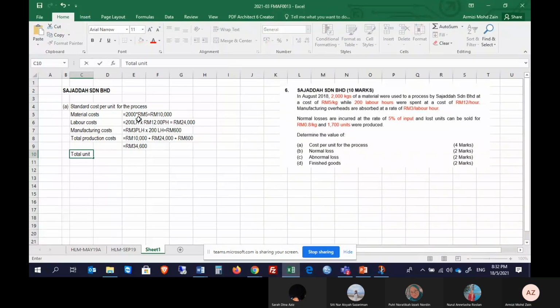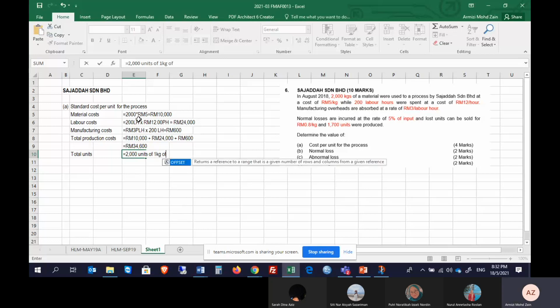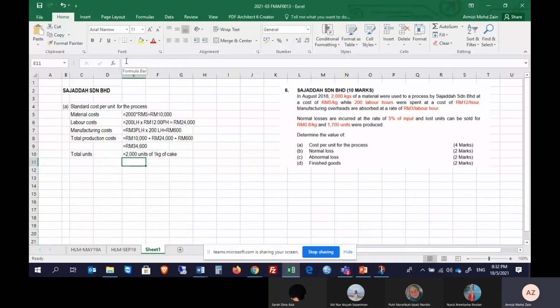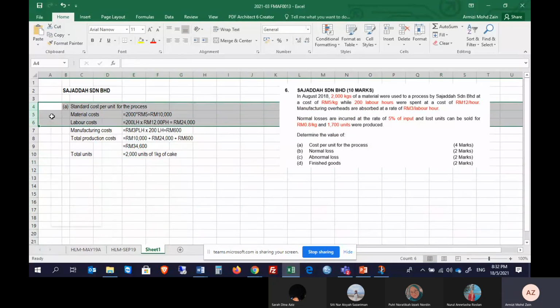unit equal to 2,000 unit of 1 kg of cake, for example. Okay, kita punya assumption insert here.